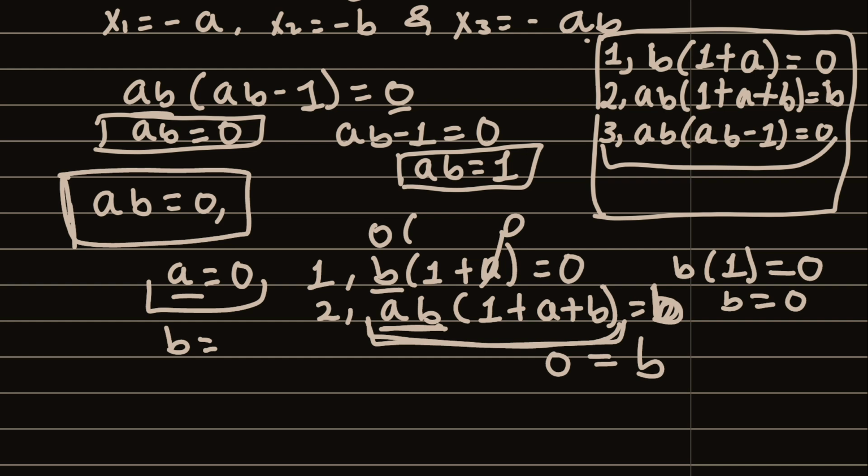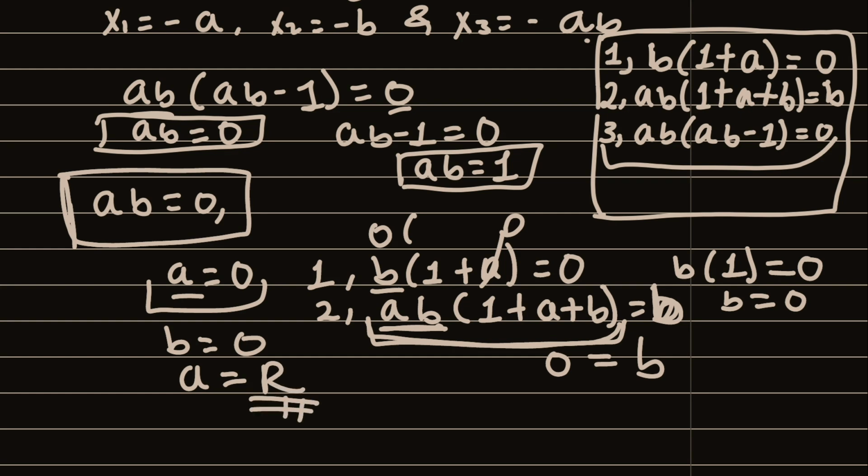That means A can be any real number. You can say that A is 5 because it will be multiplied by 0. So when B is 0, A is any real number.